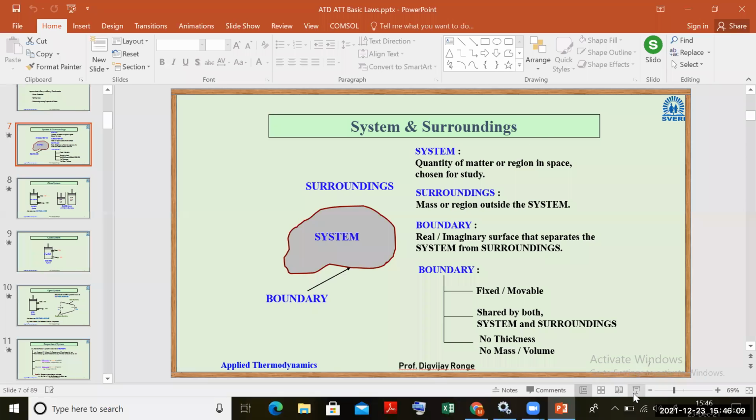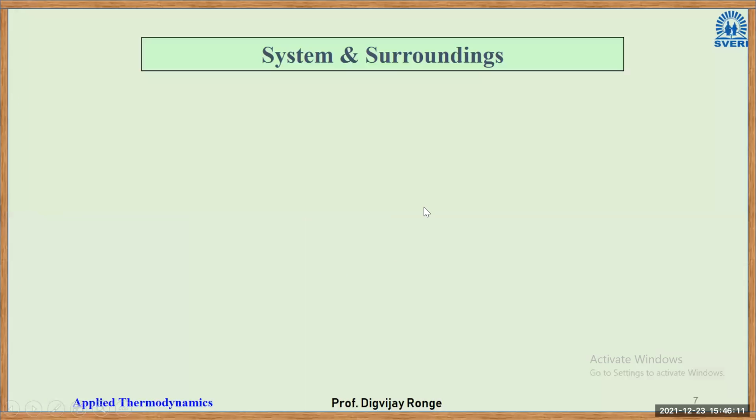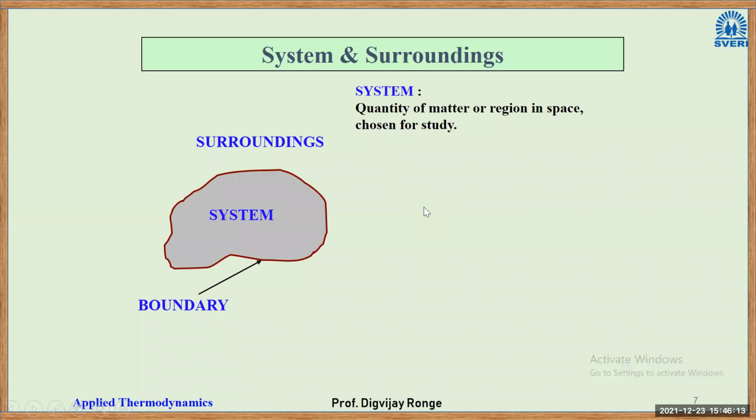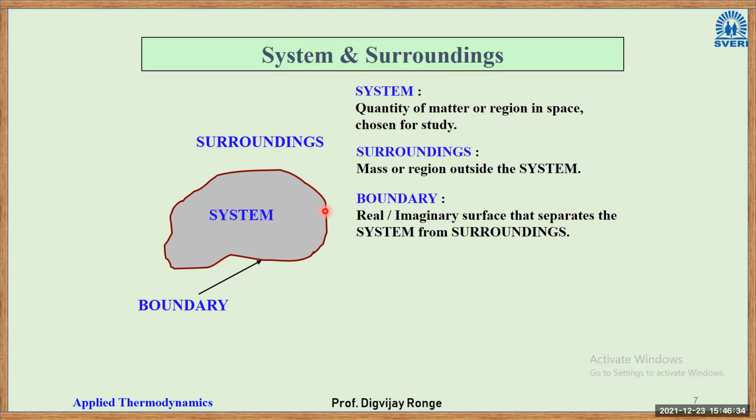Then we have seen three basic terms: system, surrounding, and between them there is a boundary. System is the part where you are interested to study. The boundary can be real or imaginary. Surrounding is something where you are not interested to study.